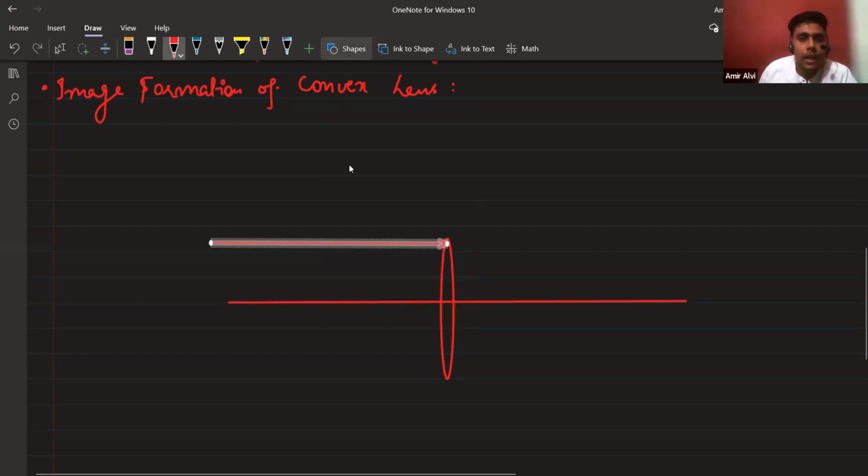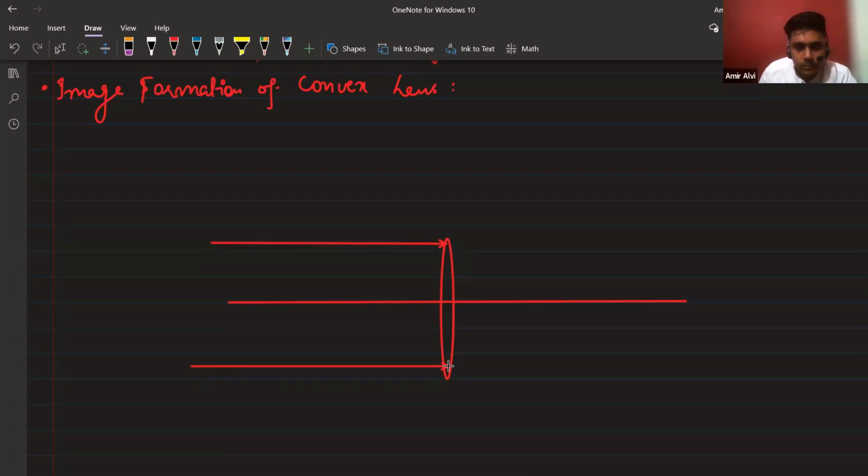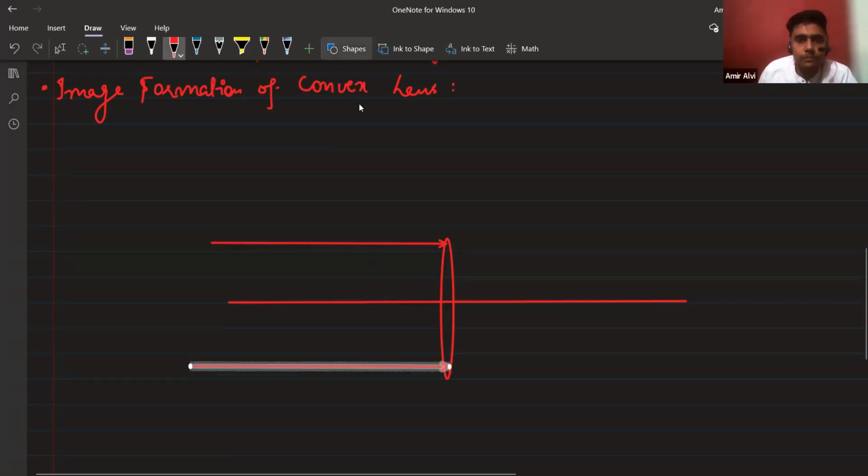So we'll be having only 2 rays. What's the name of this point at which the rays are merging? Principal focus. Very good.